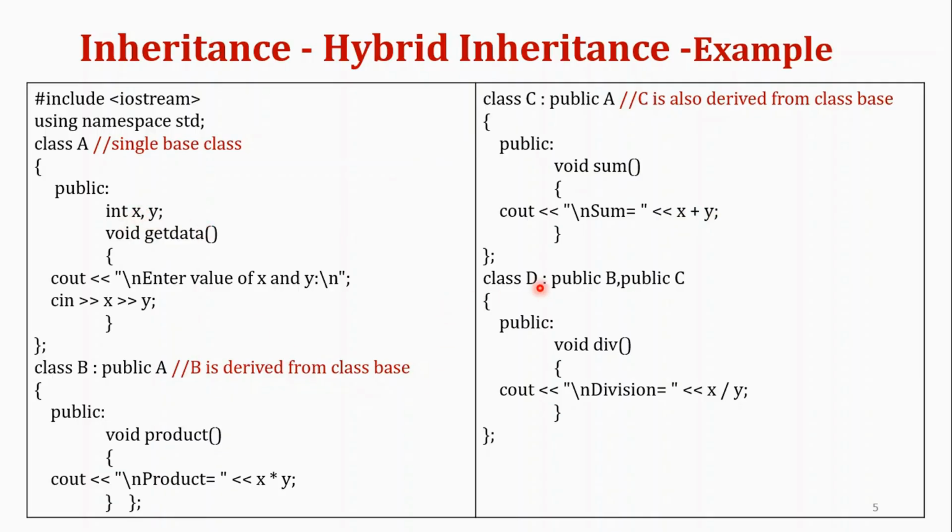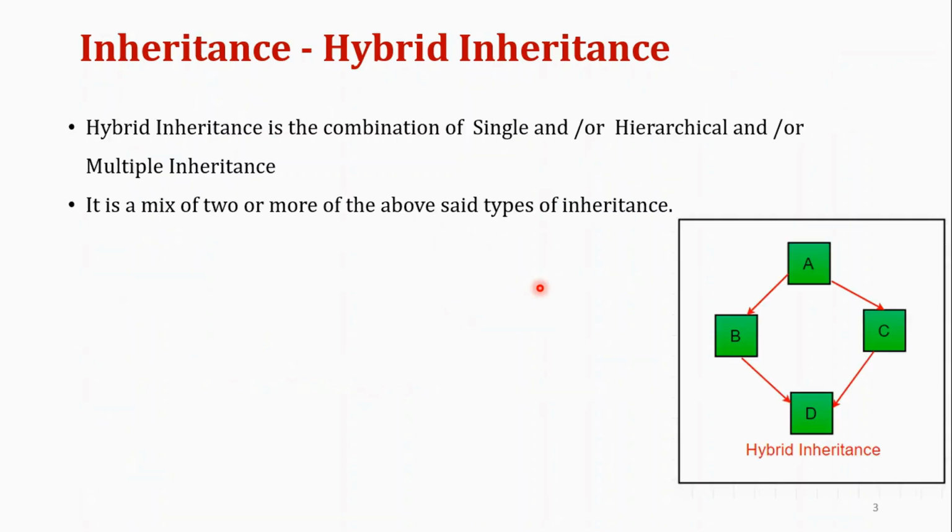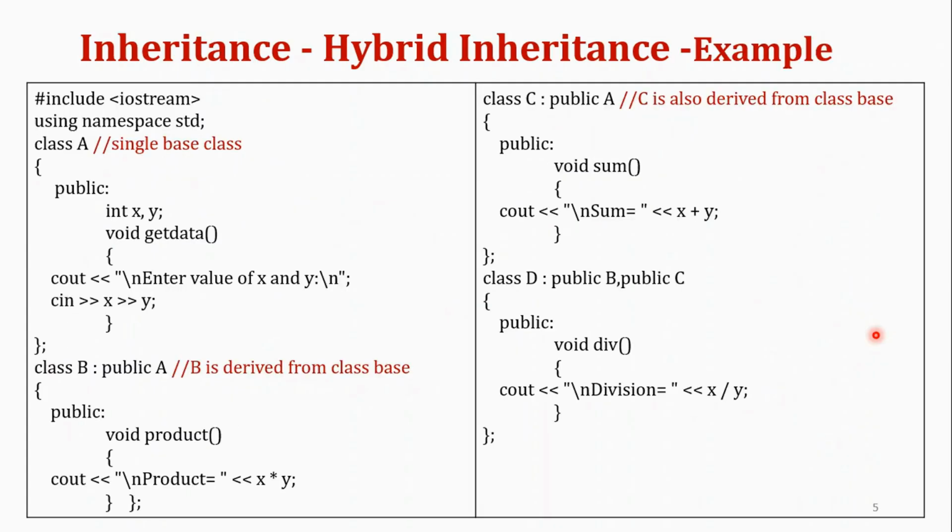Coming to the last class, class D. Go to the diagram. Class D is inheriting from class B and C. Multiple base classes. So class D colon public B comma public C. Because of B and C, class A is inherited in both the classes.